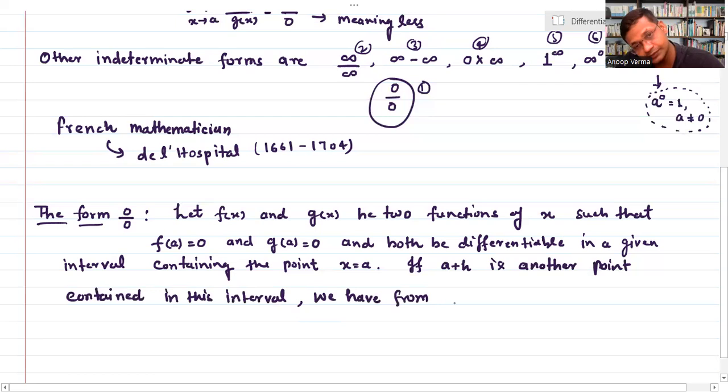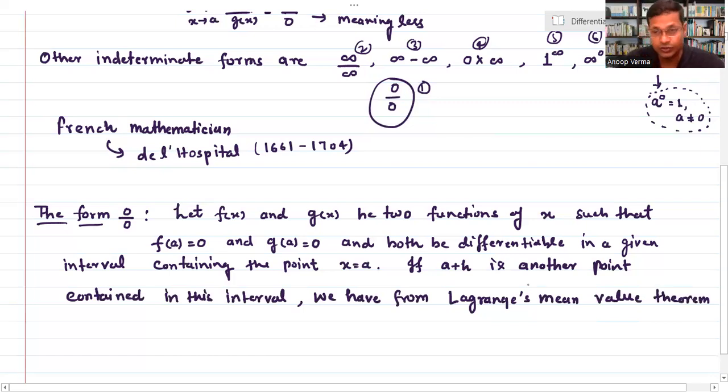From Lagrange's mean value theorem, what do we have?